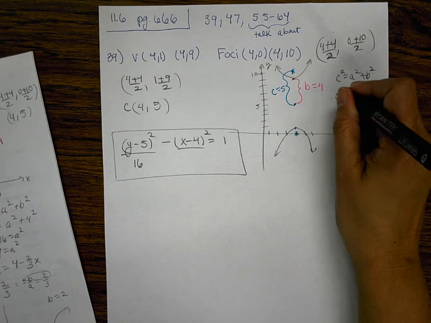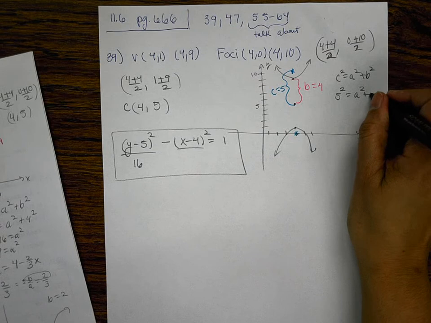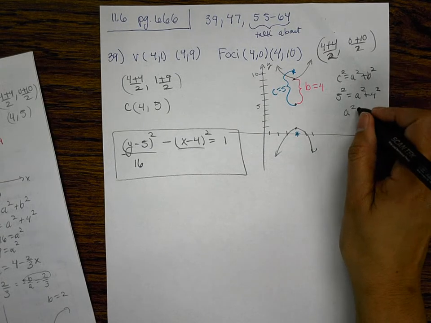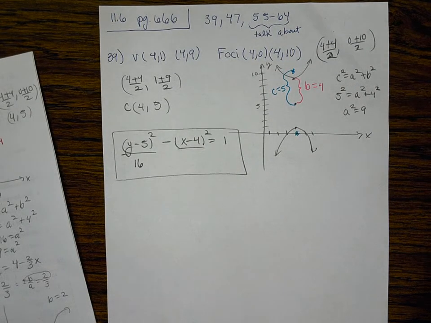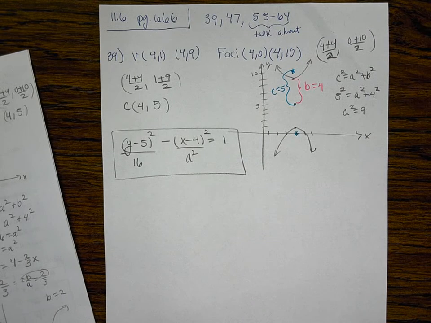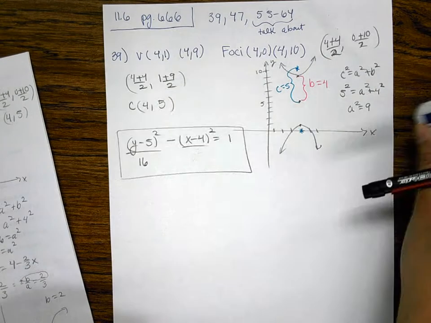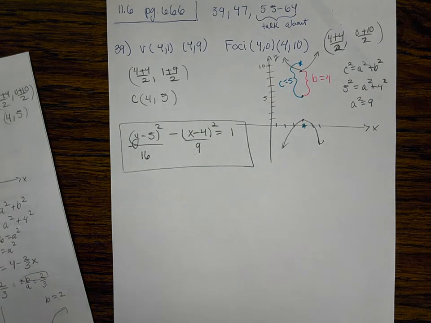C squared is 5 squared equals a squared plus 4 squared. Square and subtract, you get a squared equals 9. And as tempting as it is, you don't have to square root because this here is a squared. A squared is what I'm looking for. So in the a squared spot, I'm going to put the 9. And that's the answer for number 39.